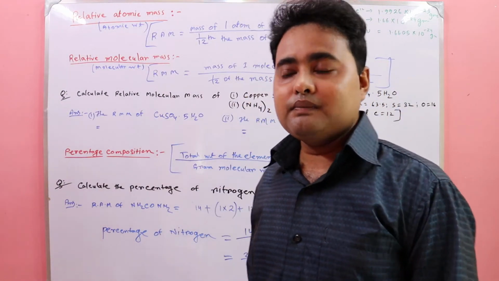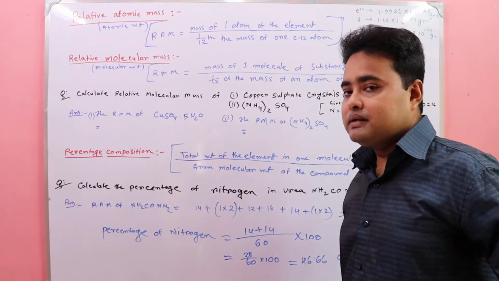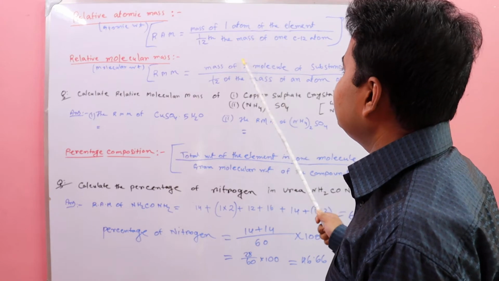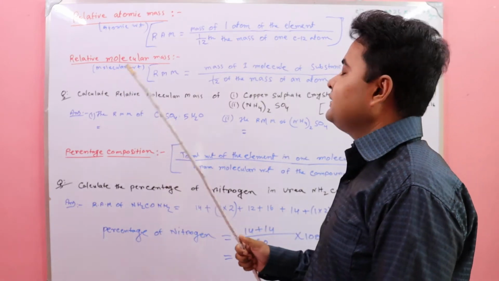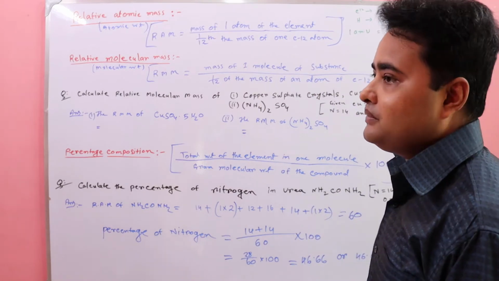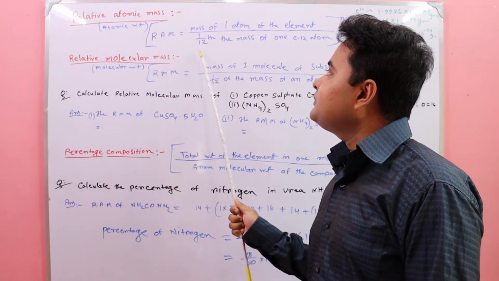Then what is relative atomic mass? Relative atomic mass is how much heavier the mass of one atom is than 1 by 12 of the C12 atom. Why 1 by 12?